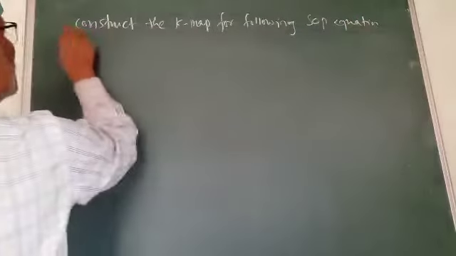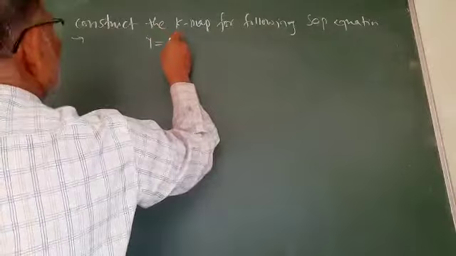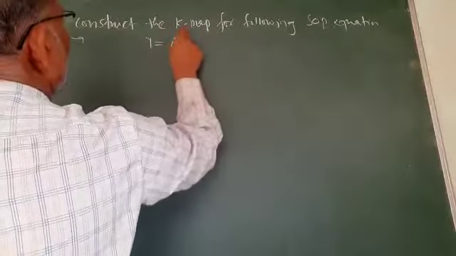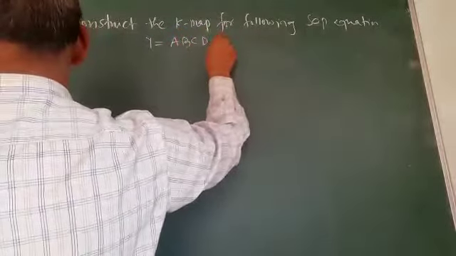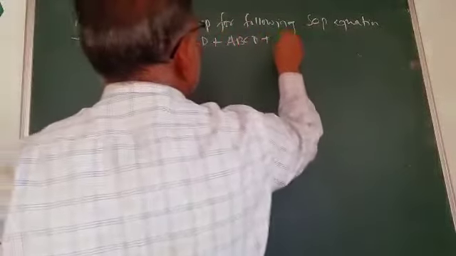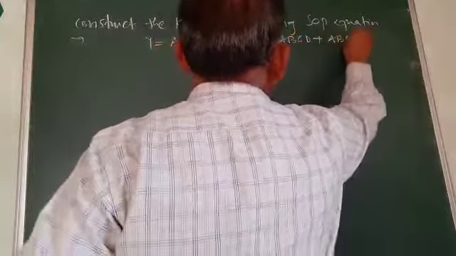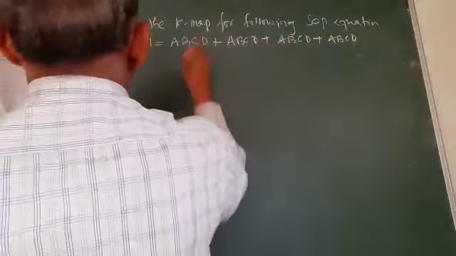So the equation is like this: y is equal to a, b, c, d. I am writing just a, b, c, d here, a, b, c, d plus a, b, c, d plus a, b, c, d. This is given, this is an example.